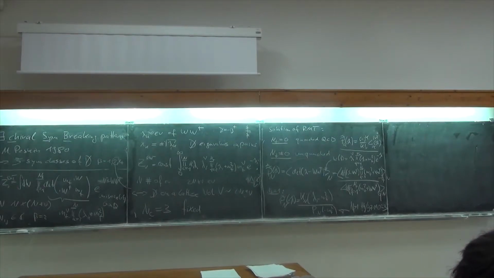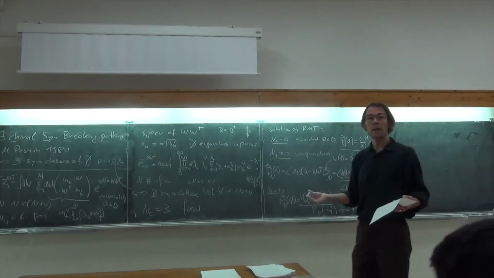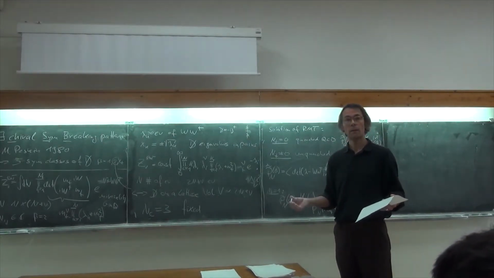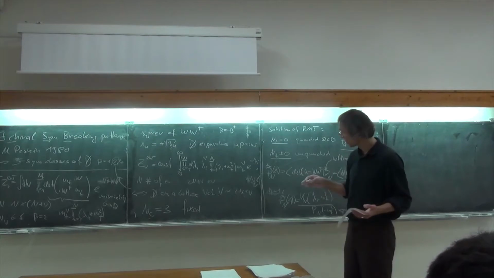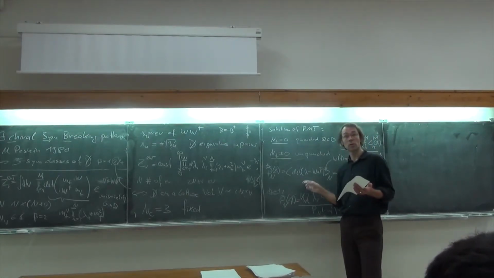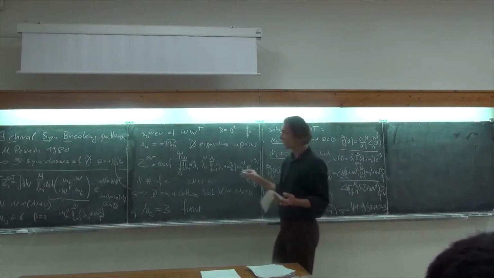Okay, yes, please. General question, because I'm not sure. With this you can compute in principle the partition function and density correlation functions between eigenvalues, but what about the space-time correlators? I can compute correlation functions of eigenvalues, but the space-time correlations, because we got rid of the dependence on space-time.